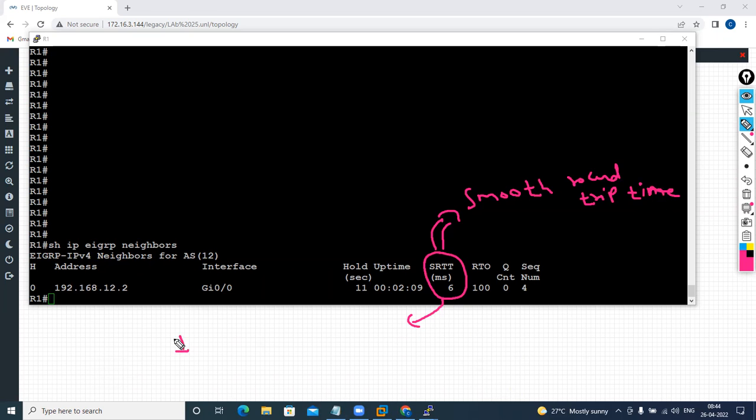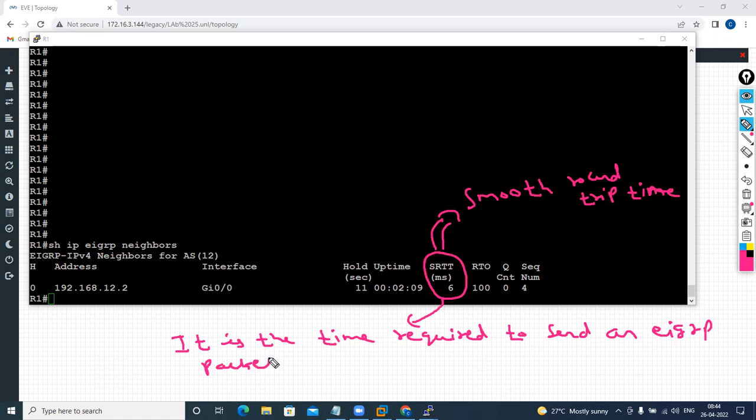So it is the time required to send an EIGRP packet and receive an acknowledgement back.